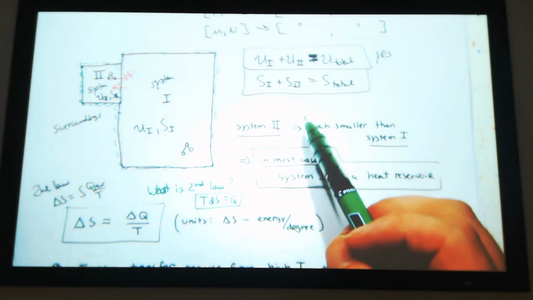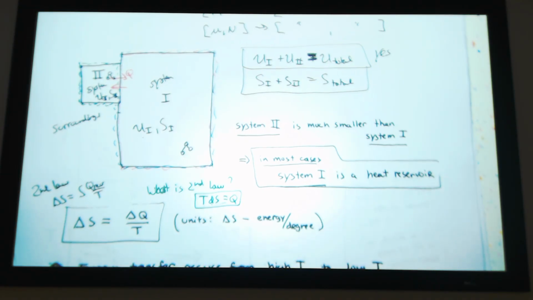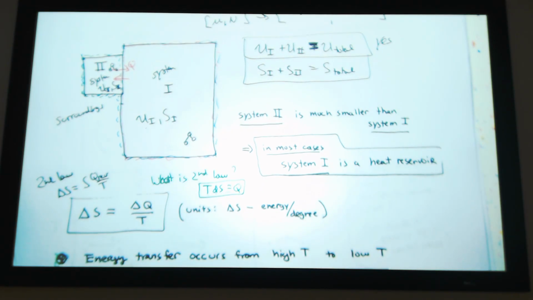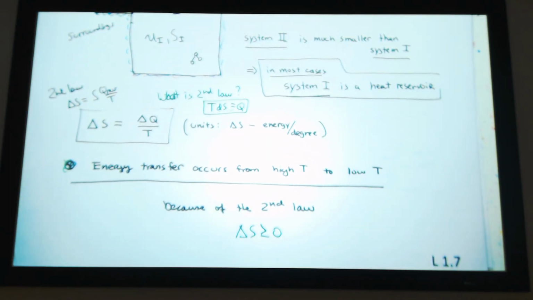Okay, so entropies are additive. And then another ramification of the second law is energy transfers from high temperature to low temperature, and that's because delta S has to be greater than or equal to 0. So a natural process wants to increase entropy.